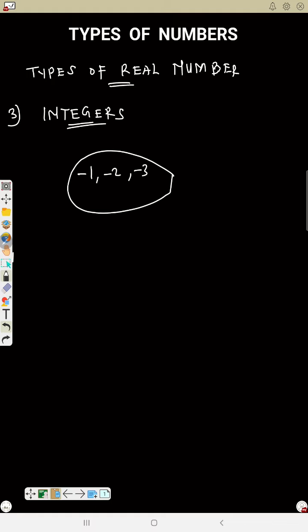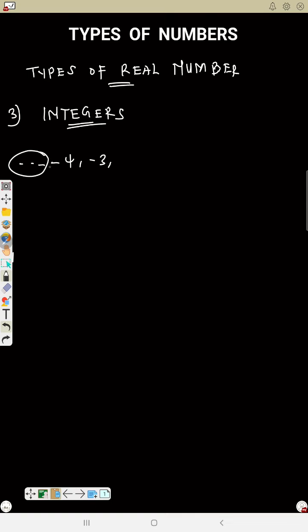So I'll say integers are all negative natural numbers, that is, ..., -4, -3, -2, -1, continue. The dots before mean we have numbers before -4, -3.